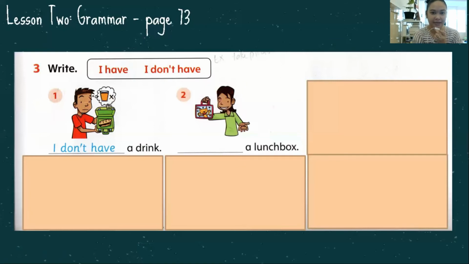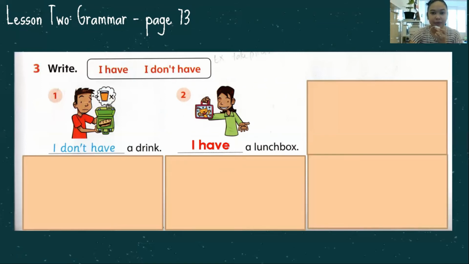Write your answer. Okay, let's check. A lunchbox. I have or I don't have? The correct answer here is I have. I have a lunchbox.